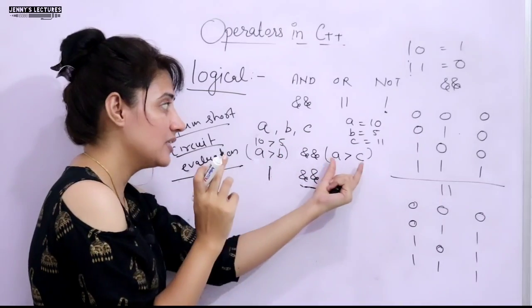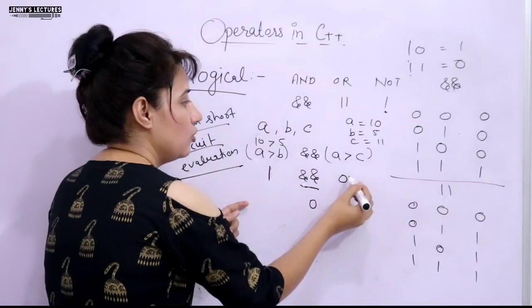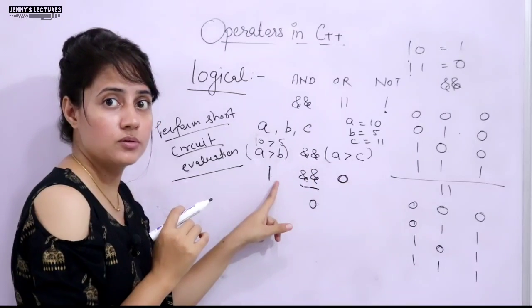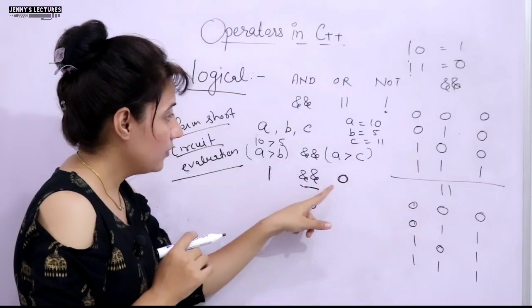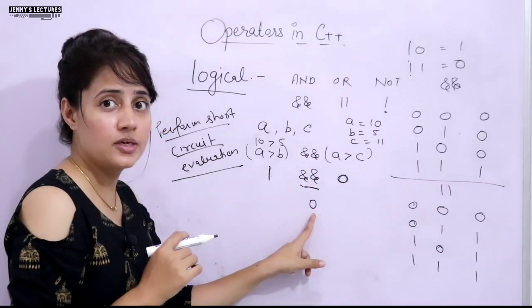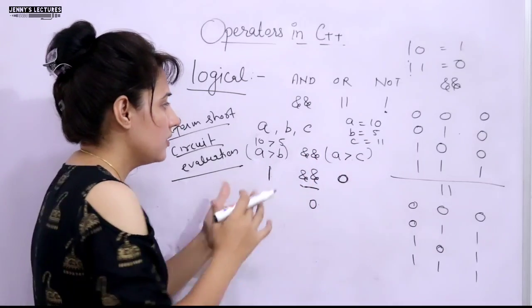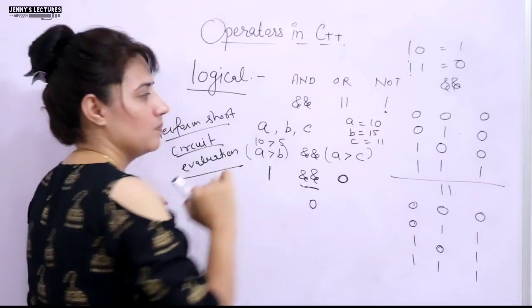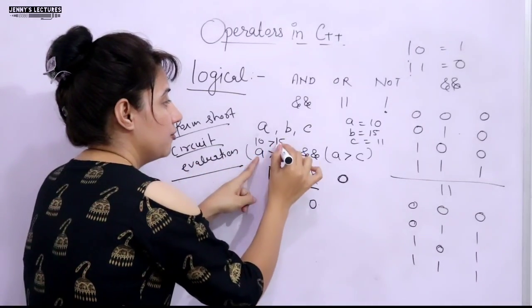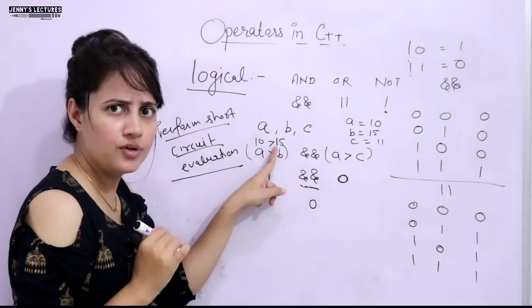So you have to evaluate the second also. A greater than C? No, it is 0. So in this case you have to evaluate both the operands, and then only can we say what the result will be. Now suppose B is 15. See, is 10 greater than 15?